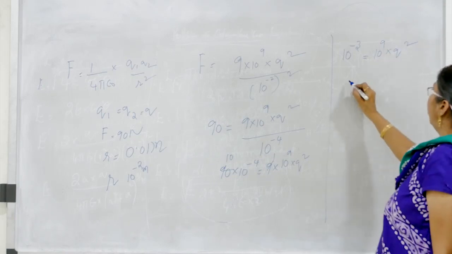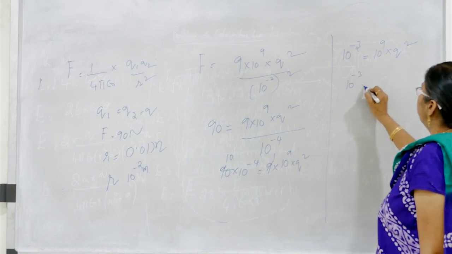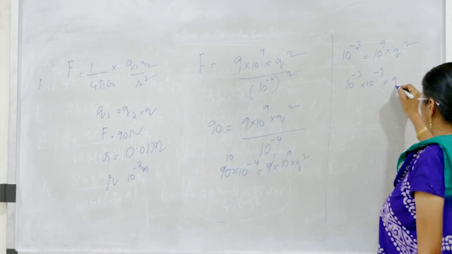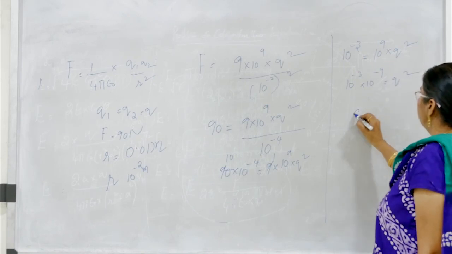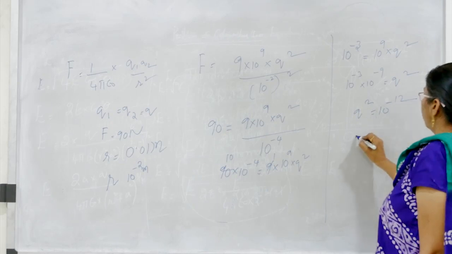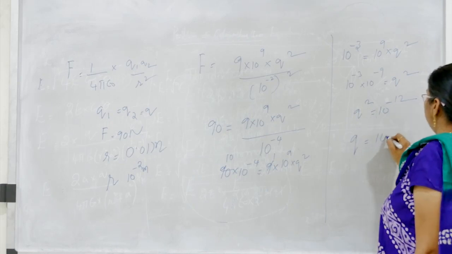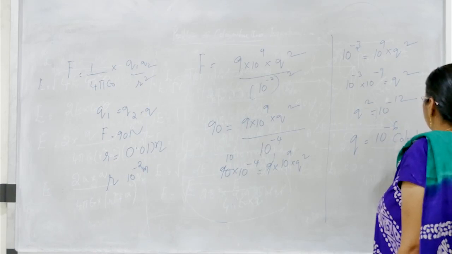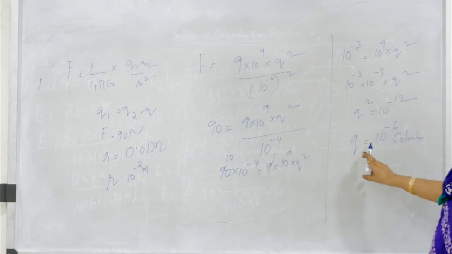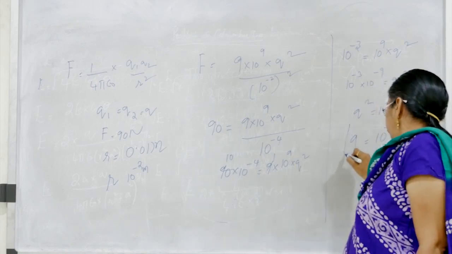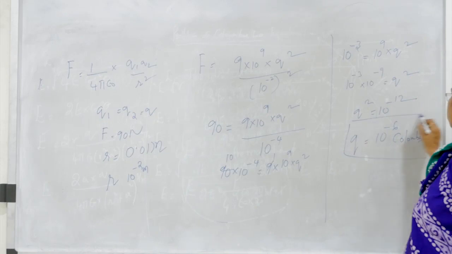So 10 power minus 3 into 10 power minus 9 becomes Q square, or Q square is equal to 10 power minus 12, or Q is equal to 10 power minus 6 coulombs. So those two charges are positive or negative, maybe anything, but their magnitude is 10 power minus 6 coulombs.